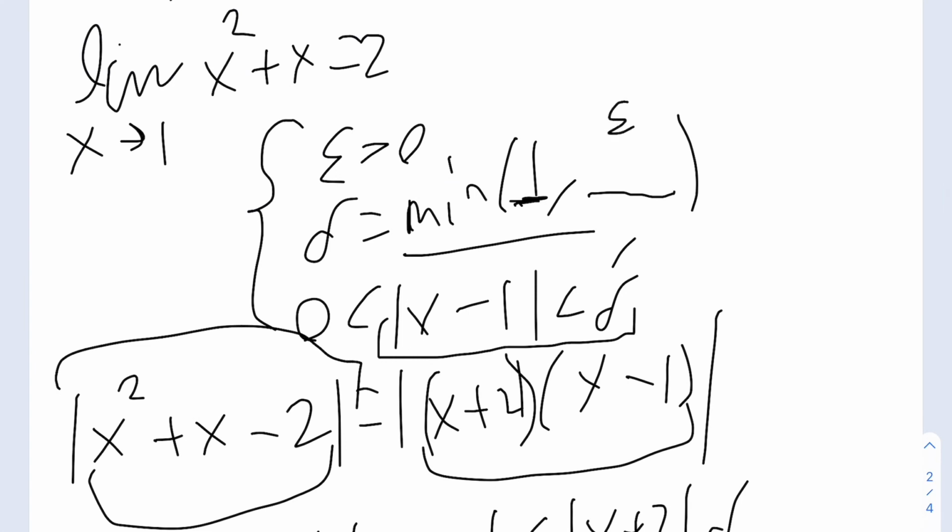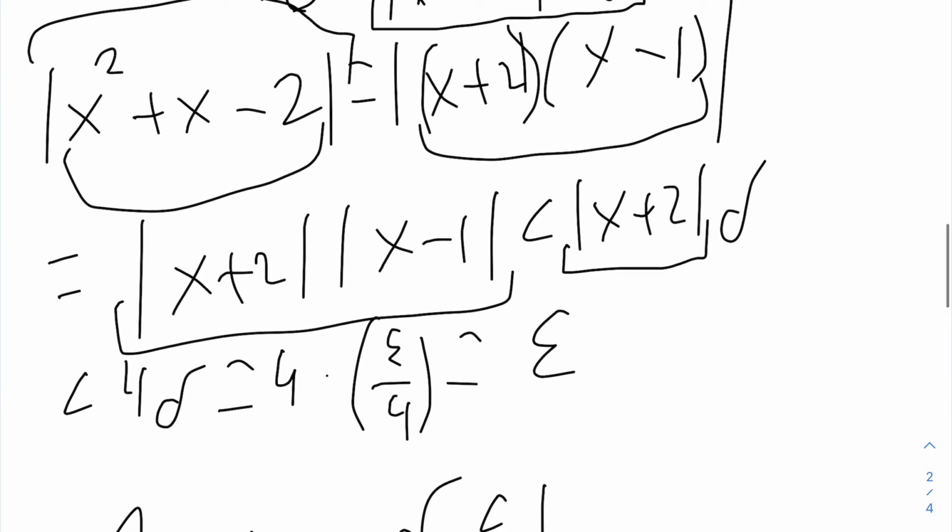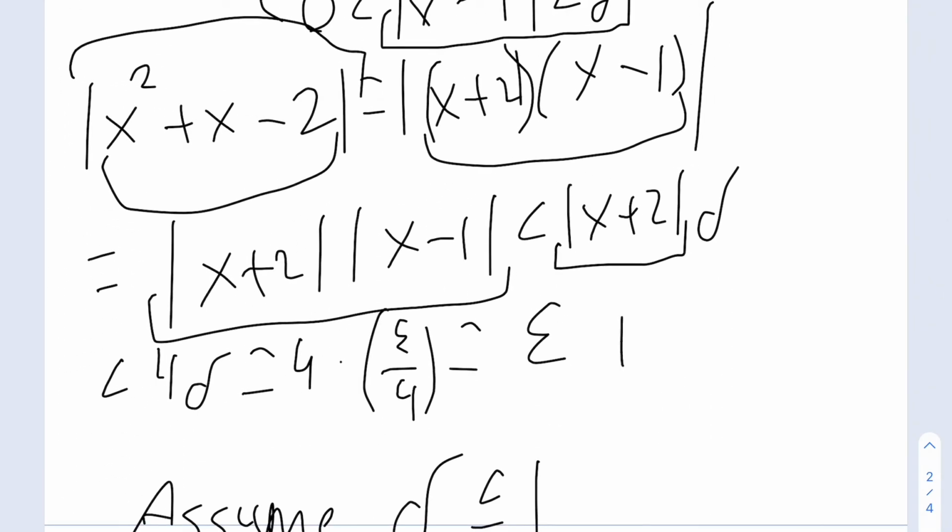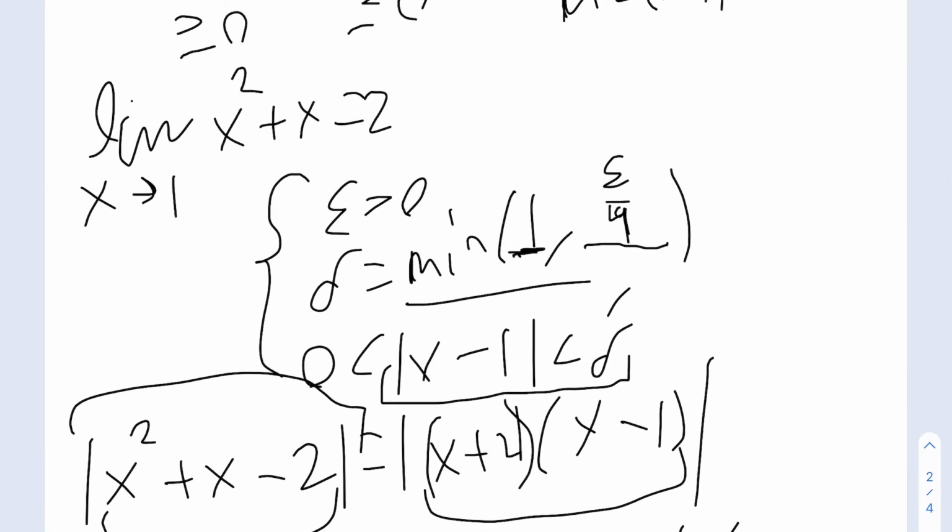Epsilon over 4. Okay, and now using all our assumptions, we have shown that the consequence holds. And so the proof for this limit is done. And we see that the delta value is the minimum between 1 and epsilon over 4.